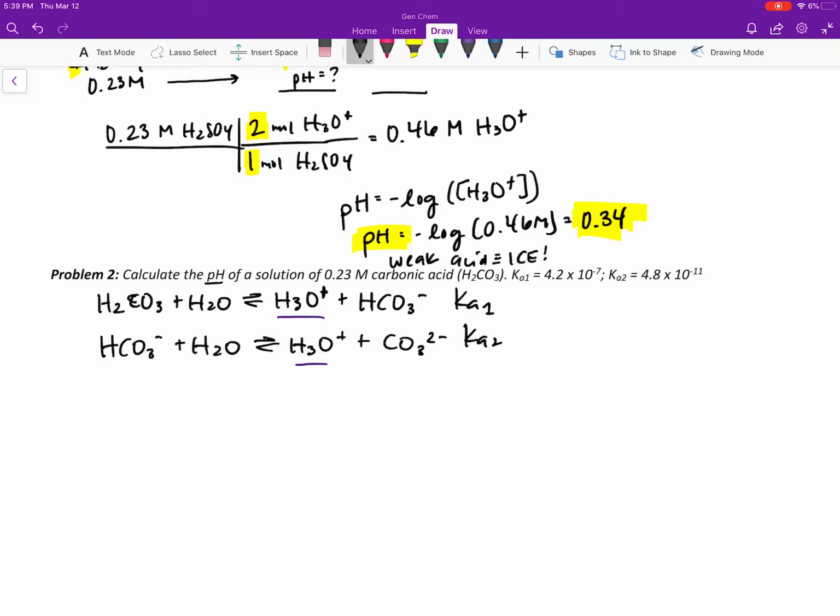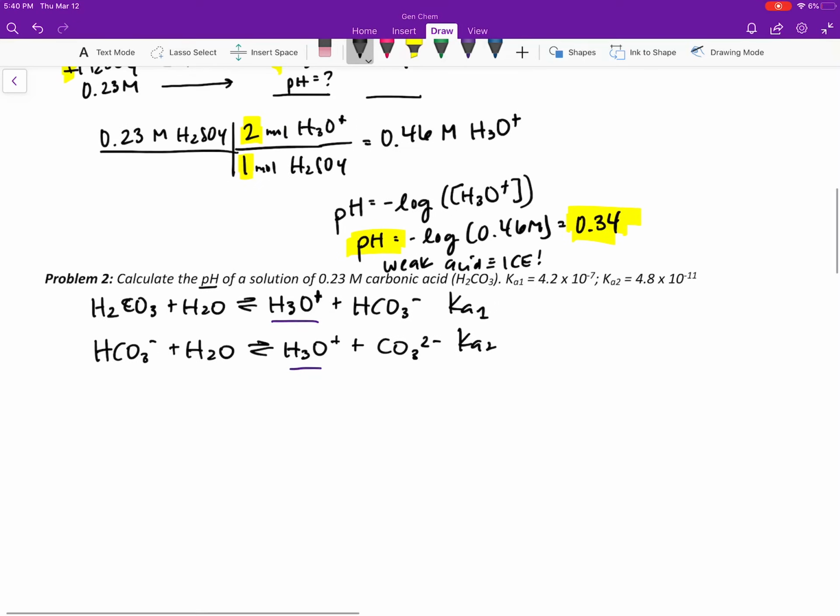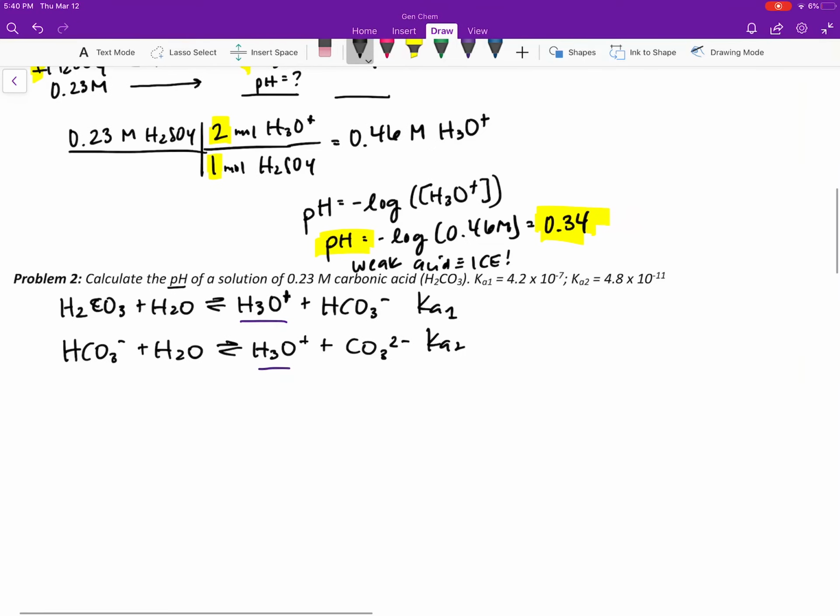And the other one may affect it a little bit, but not nearly as much as the equilibrium that's found in the majority. So to do that, I have to compare my Ka values, because remember, Ka is an expression of products divided by reactants. So the more products I have, the fewer reactants that are left. Therefore, as the reaction proceeds to the products, the Ka value gets larger.